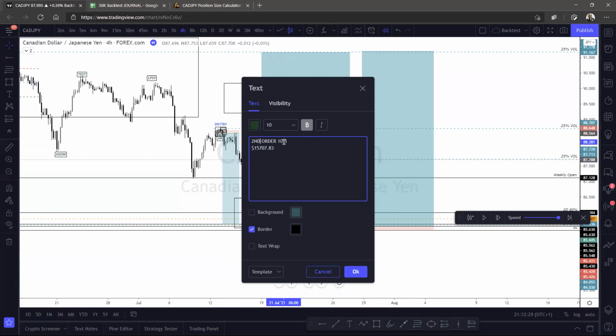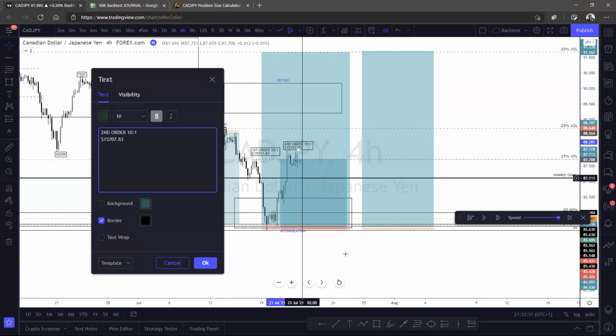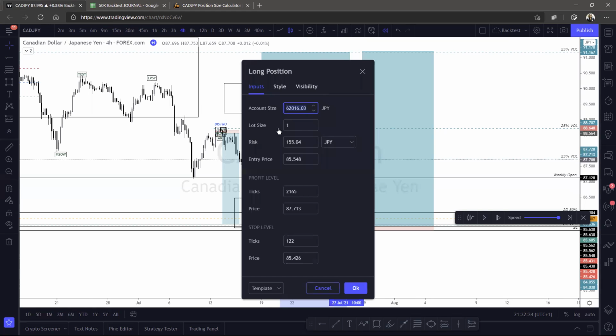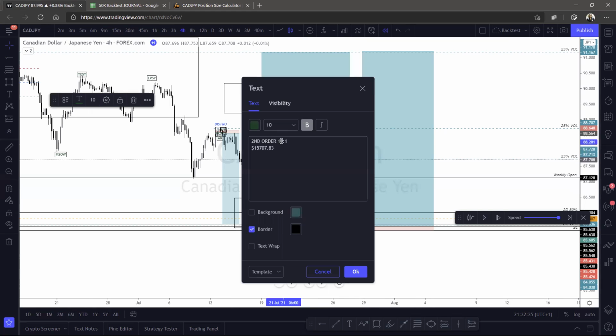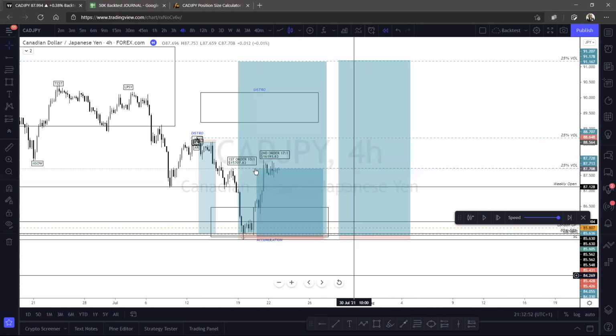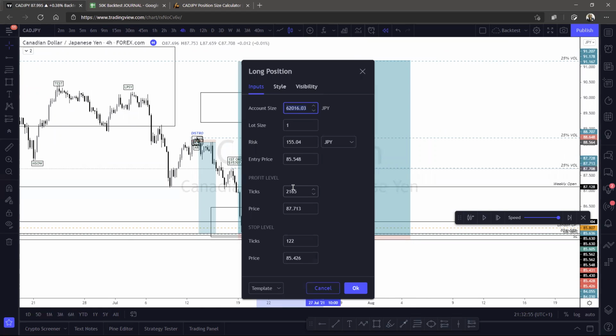Second order is at 17 to 1. 16, 191.83. 155.04 times 0.25 is 38.76. 38.76.